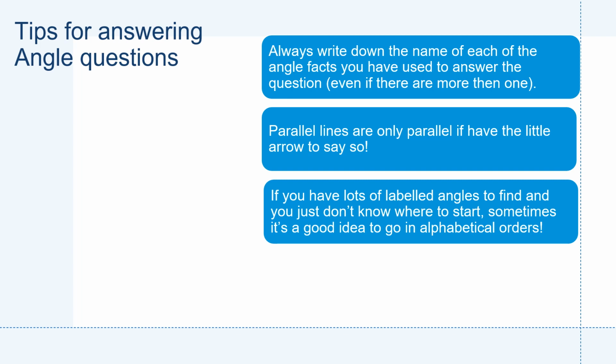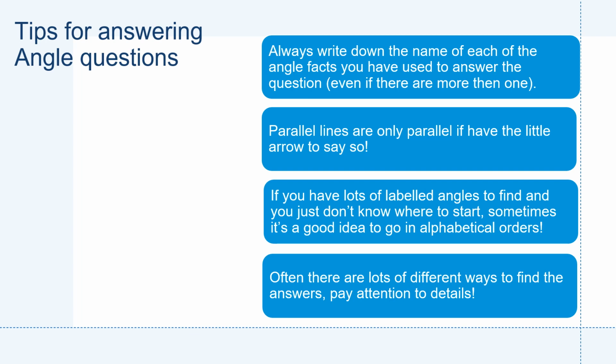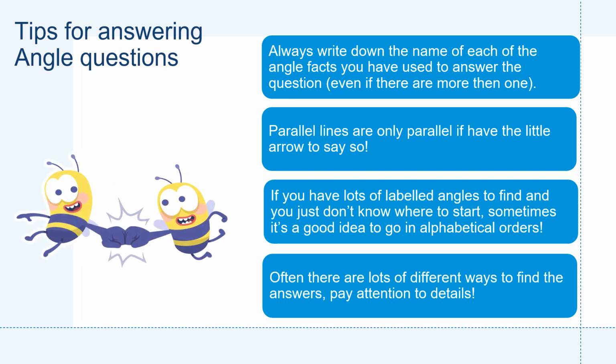The third one is, if you have lots of labeled angles to find and you don't know where to start, then it's sometimes a very good idea to go in alphabetical order, or whichever you can find first. And the fourth one is, often there are lots of different ways to find the answers, so please pay attention to the details, and my way is not the only way to find the answers.